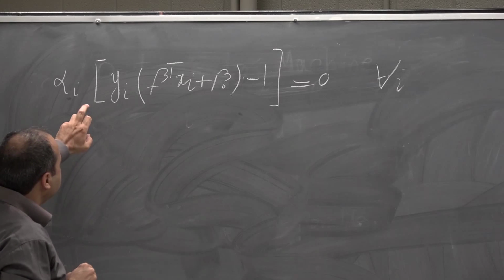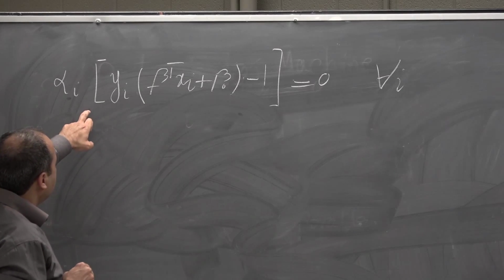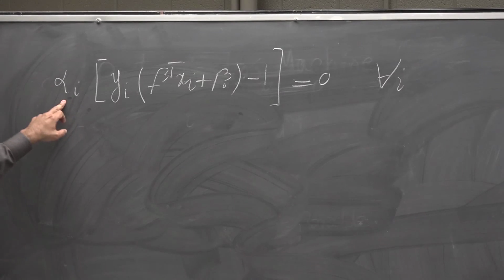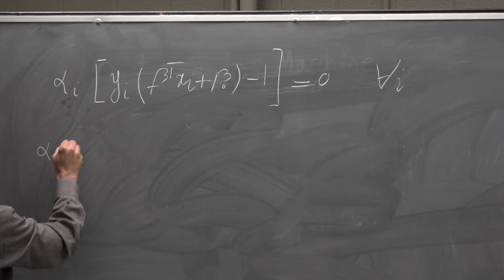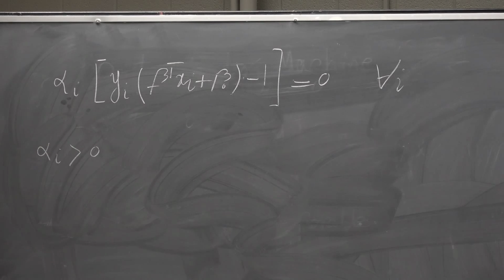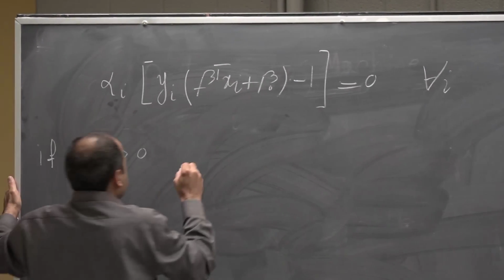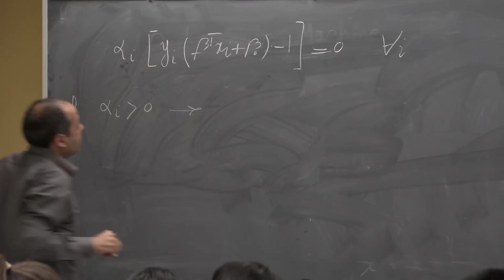What this condition basically means is, I know alpha_i is my dual variable, and alpha_i cannot be negative. It's always greater than 0, or it's equal to 0. So there are two possibilities. Either it's 0 or it's greater than 0. Now, suppose alpha_i is greater than 0. What can I conclude?